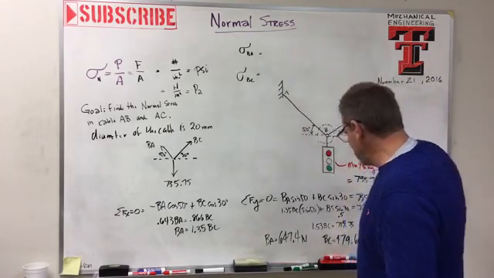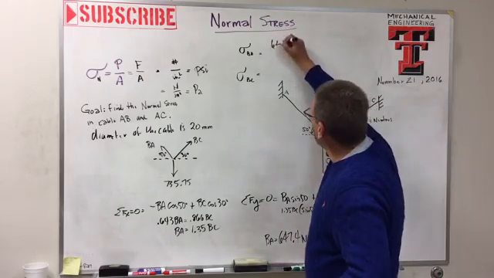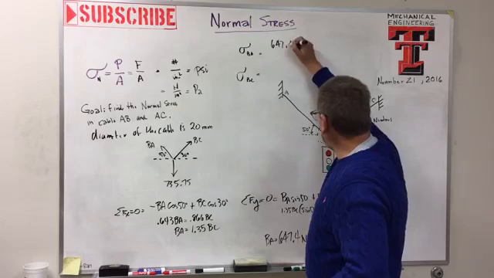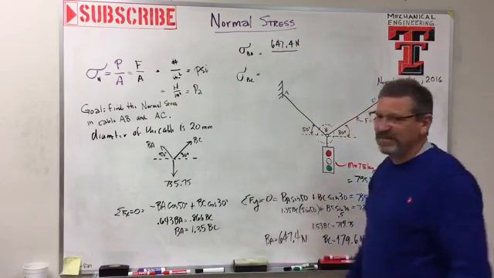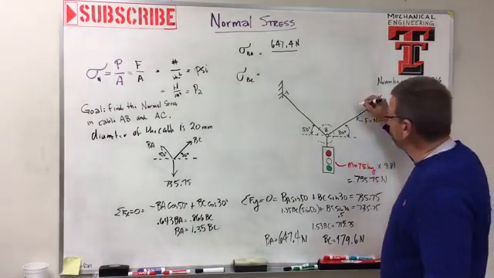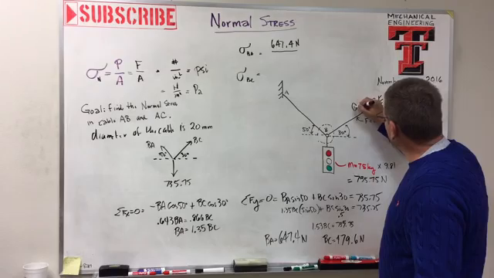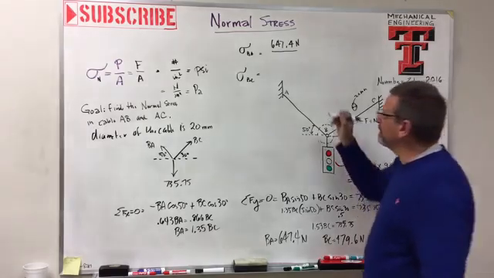So the force in BA is 647.4 newtons divided by the area. The cross section is a circle with a diameter of 20 millimeters. That's just pi r squared, isn't it?